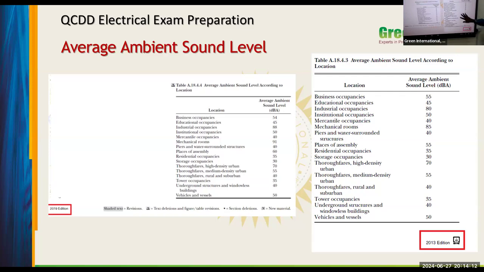Earlier I had this document, the business document, 55. But later, without referring to the editions, I referred to another document. They say 54. I was confused. Then when I saw these editions, I found the reason. That's why I keep these two slides, two diagrams, sorry, two data here.